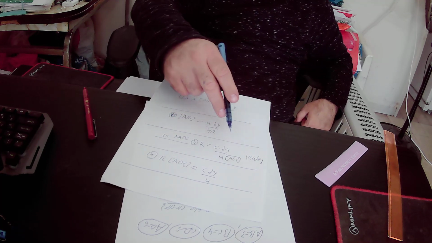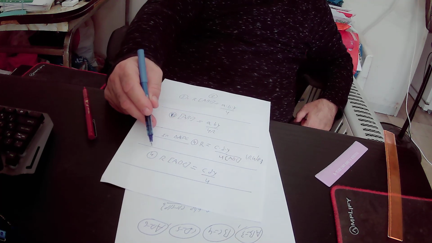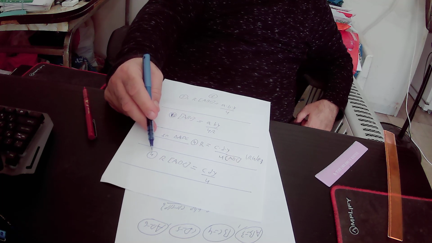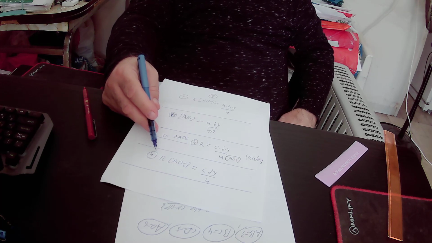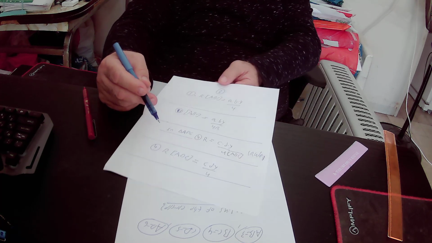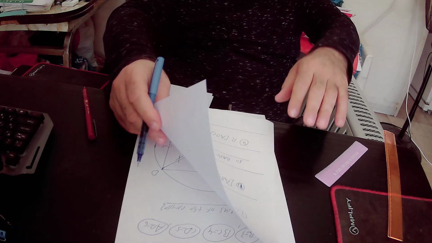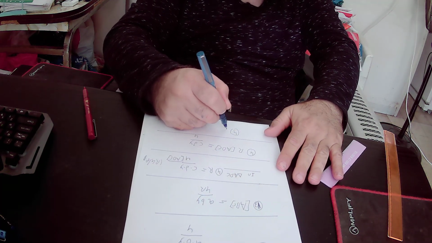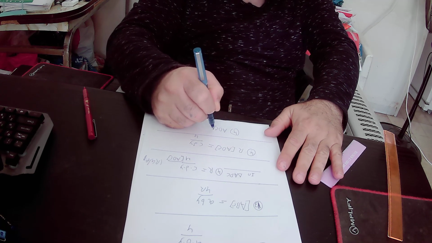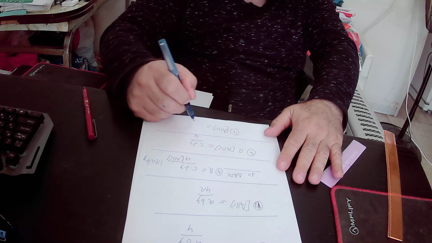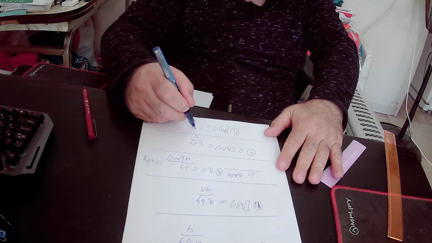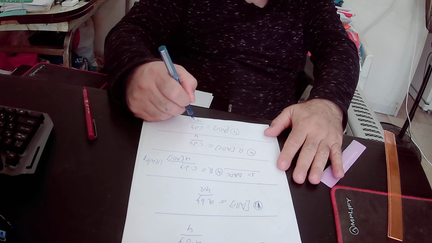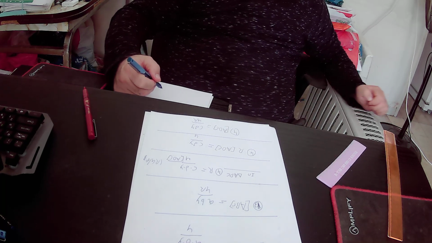Here we divide this equation by R, the radius of the circle, and we will get that the area of triangle ADC equals CDY over 4R. Okay?